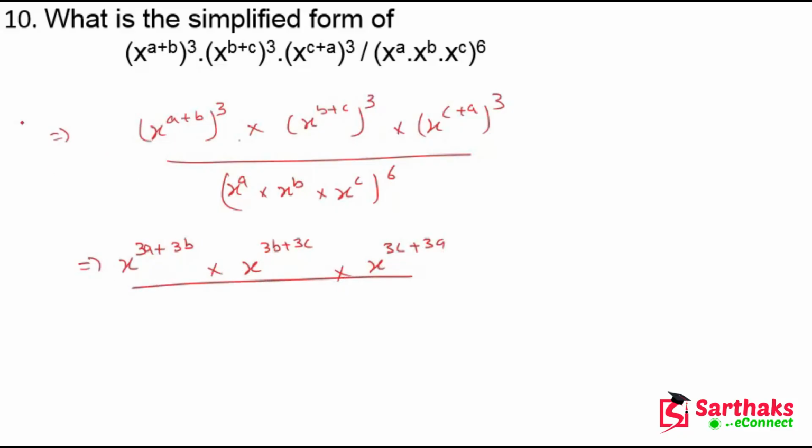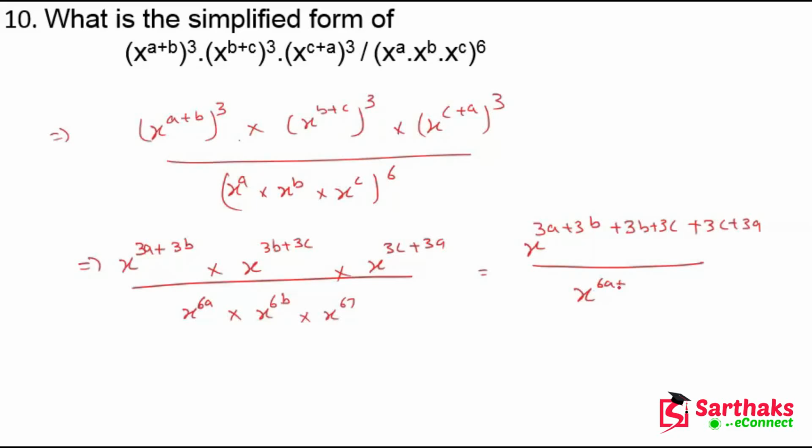And we can write in the denominator x raised to power 6a, into x raised to power 6b, into x raised to power 6c. Here the base is same and the power is different, so we can add. So this will become x raised to power 3a plus 3b plus 3b plus 3c plus 3c plus 3a, and in the denominator x raised to power 6a plus 6b plus 6c.